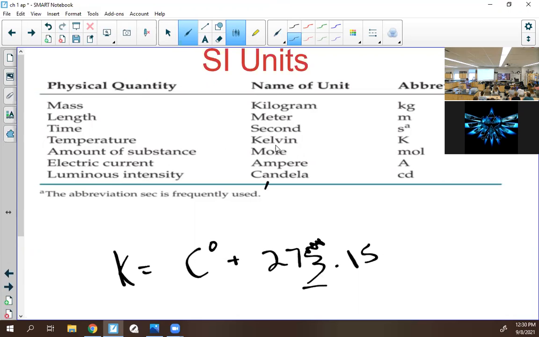Okay, Kelvin. Anyway, a mole. Kids don't like moles in chemistry, but it's just a word that means a really big number. We'll go over that a ton. So in chemistry, when we have an amount of substance, we usually call it a mole. And we will spend tons of time talking about moles. All right, electrical current.